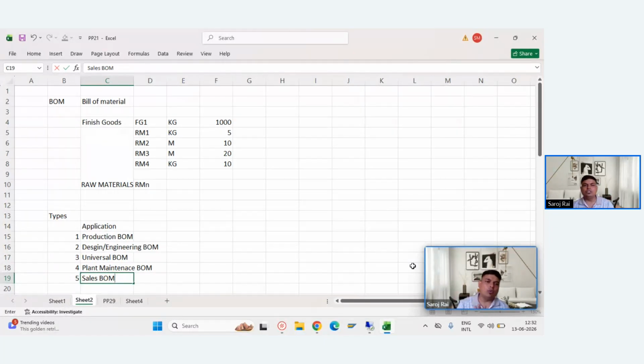So during the sale, I want to ensure whether that bunch of materials will be delivered to the customer or not. That is the purpose of the sales BOM.